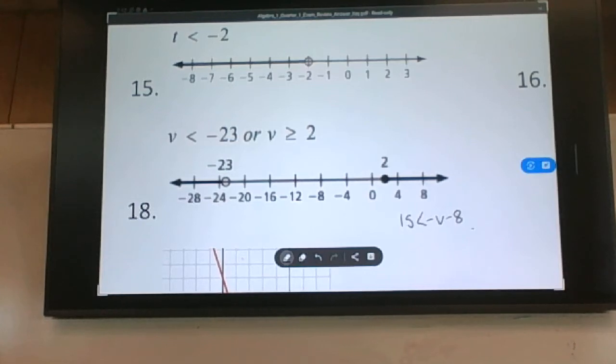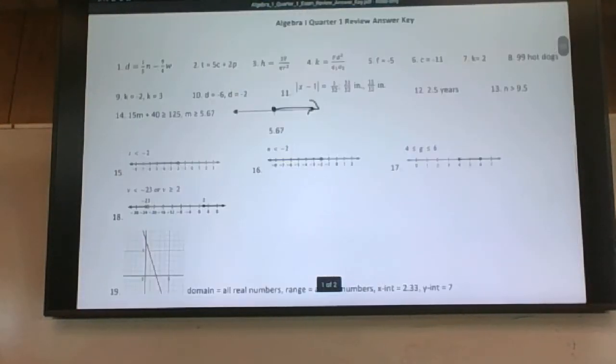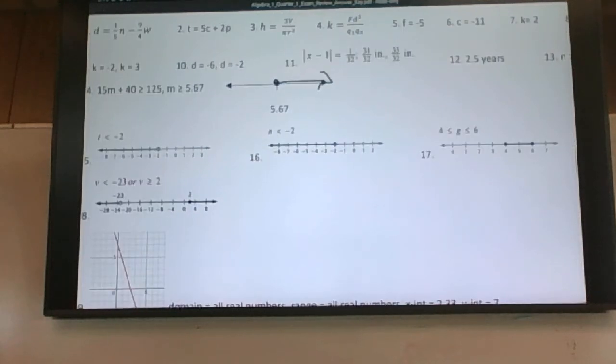Wait, so the 15 was part of the question? Yeah. I thought it was an indicator of what question number it was.